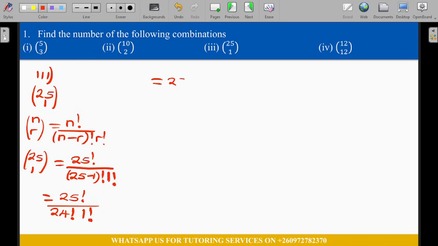So it will be 25 times 24 factorial, divided by 24 factorial and 1 factorial. Here 24 factorial and 24 factorial cancel. We have 25 over 1 factorial, which is 1. So 25 over 1, we get 25 as the answer.